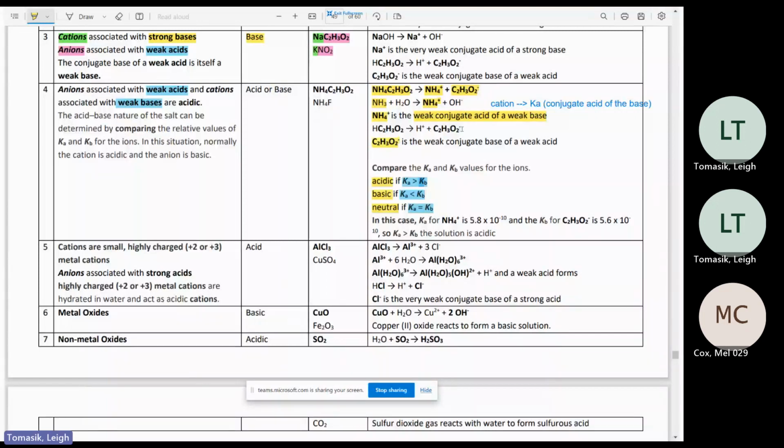C2H3O2 came from acetic acid, but it's the conjugate base. So the anion part of the salt is the conjugate. We have to find Kb for it because it's the conjugate base.